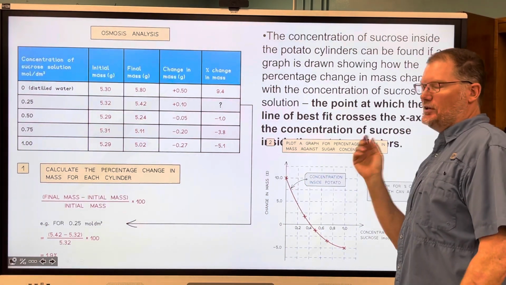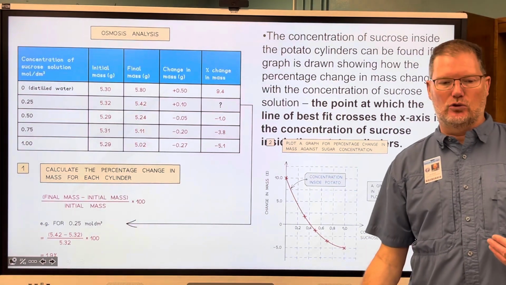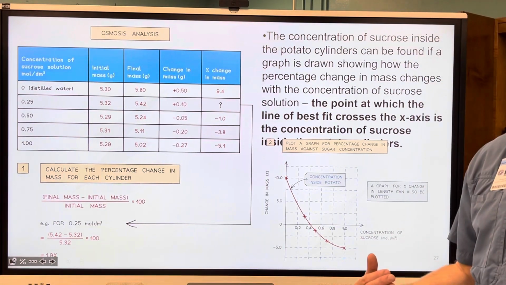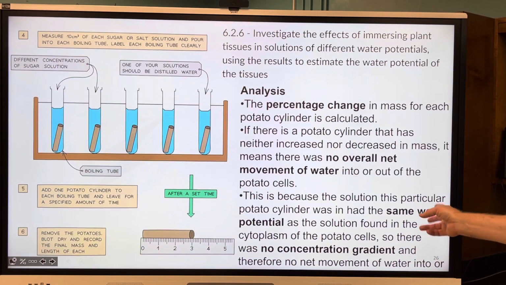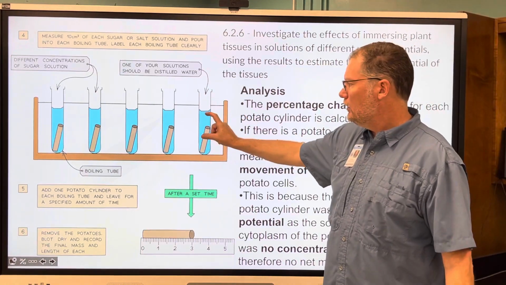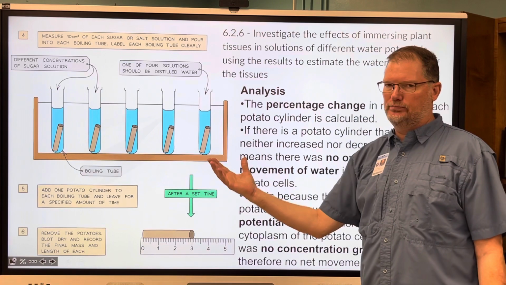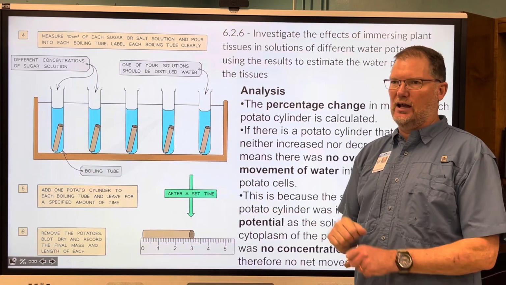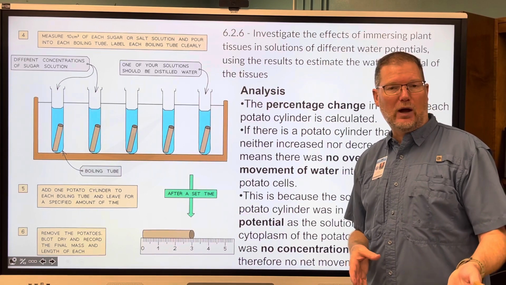So it's a pretty simple demonstration that just tells you what you're doing: you're measuring the water potential of the plant material that's in here. And you can do this for any plant. You could take a carrot, and you could do this with cells as well.